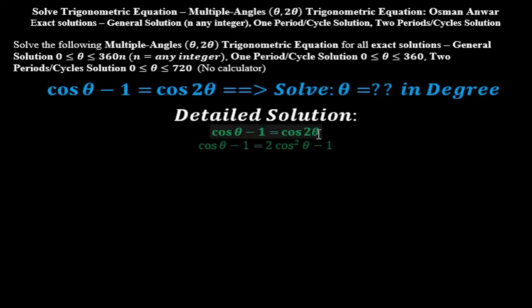Now this cosine 2 theta can be written as 2 cosine squared theta minus 1. That means you have cosine theta minus 1 equals 2 cosine squared theta minus 1. Now everything is in terms of theta, no 2 theta here.